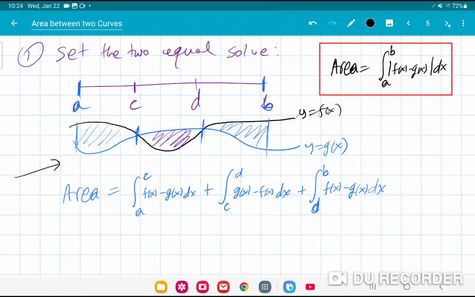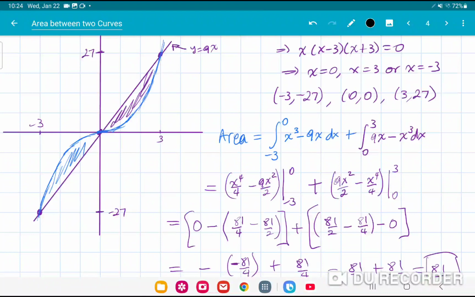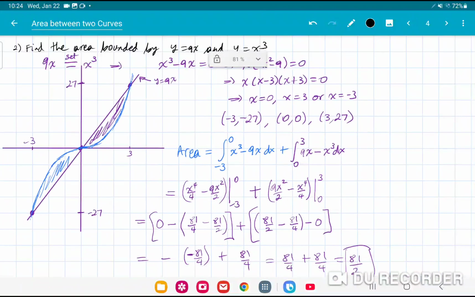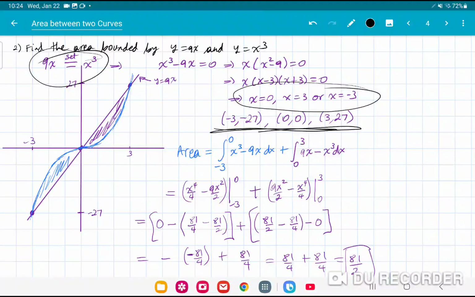Okay, so that's exactly what I did in this example. They gave us 2 functions, y equals 9x and y equals x cubed. We didn't know which is the top and which is the bottom function. We set them equal and solved. Okay, for graphing purposes, we found the y components.